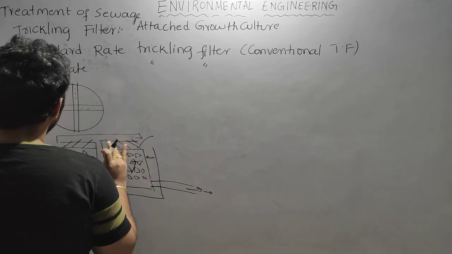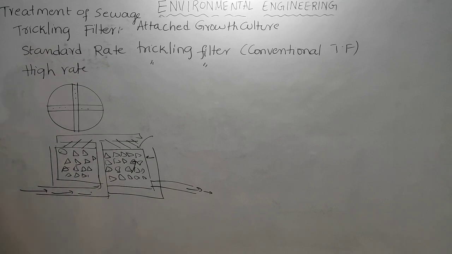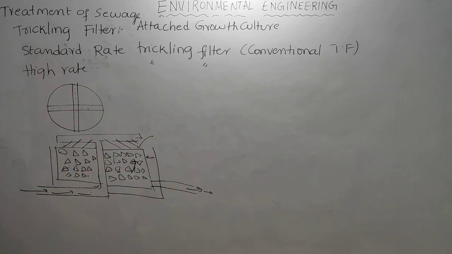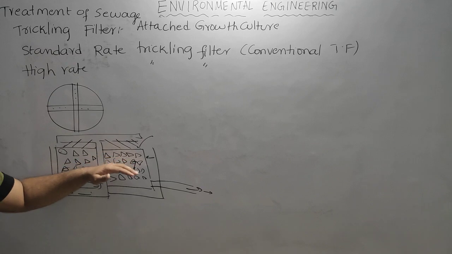So the decomposition at the top happens under more aerobic conditions. Also, if you look at the food availability, major food will be available on the top of the filter bed, and the food availability also decreases toward the bottom.